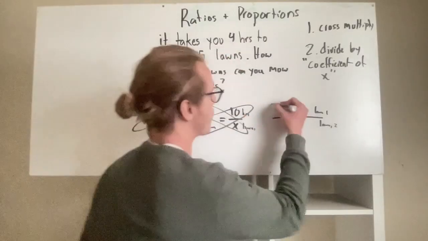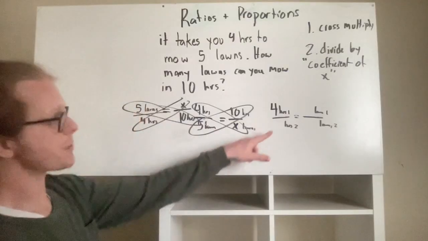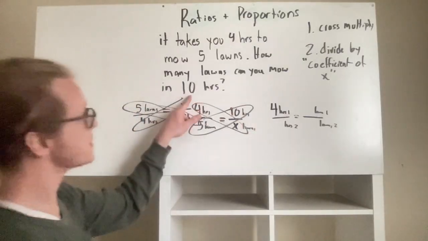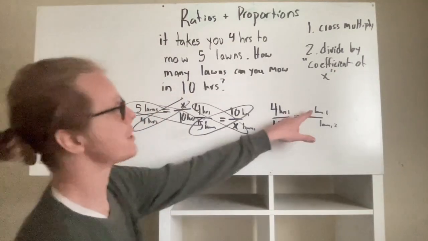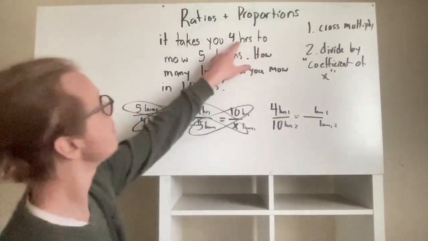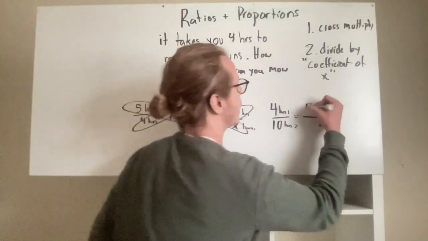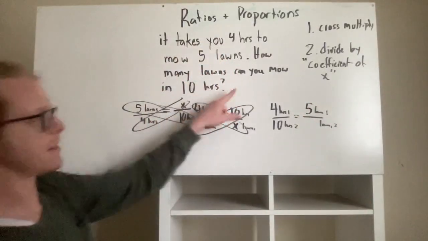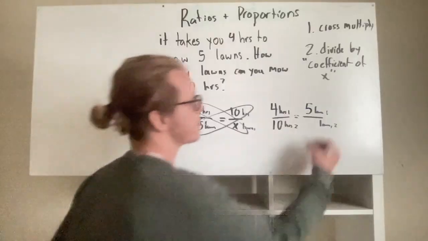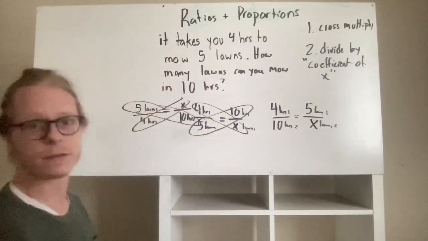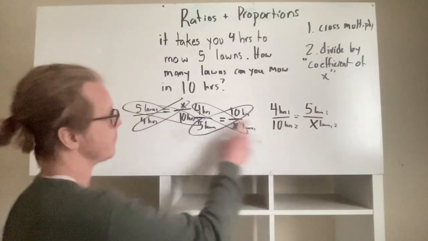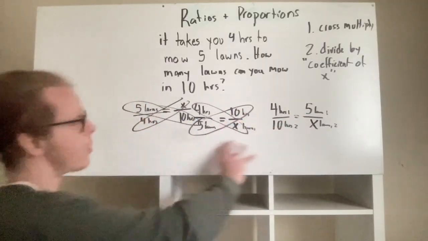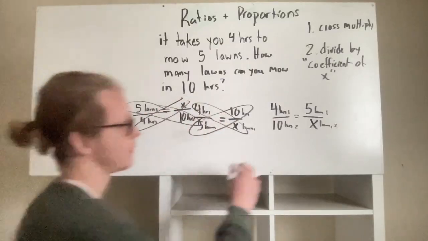Yes, it took 4 hours. Do I know how many hours it took in the second example? Yes, 10 hours. Do I know how many lawns I could mow in the first example? 5 lawns. And in the second example? No, I don't. That's the thing we're trying to find, so that's X. Again, notice 4 times X, 5 times 10. My cross multiplication is the same in all 3 of these setups.